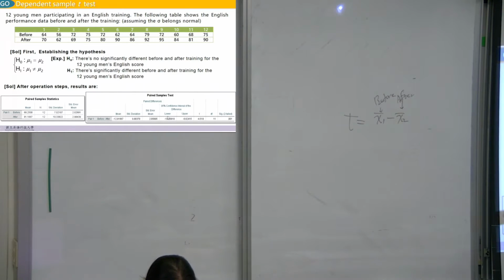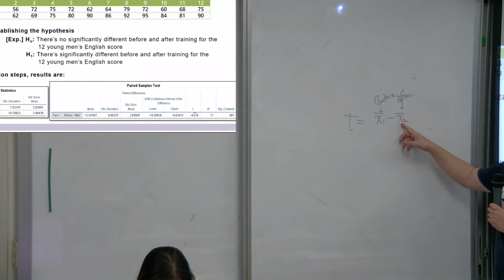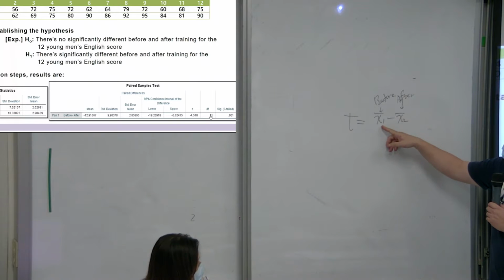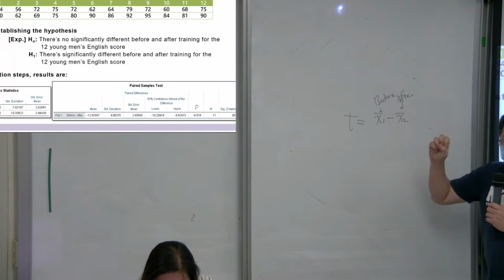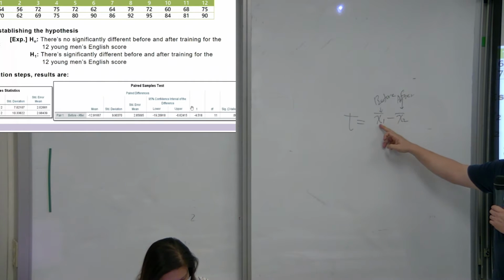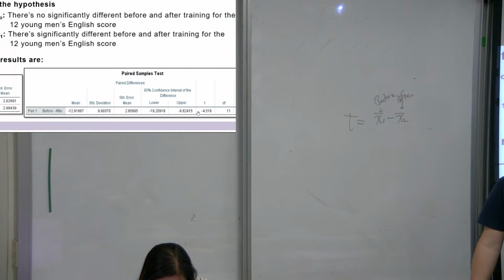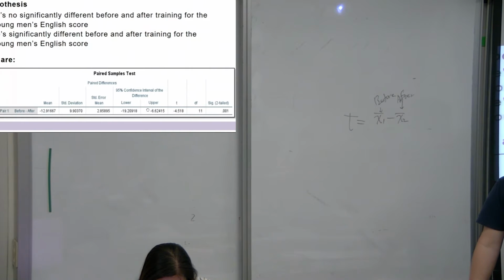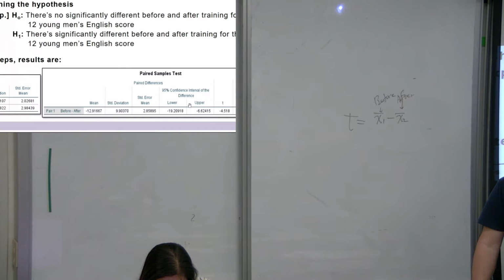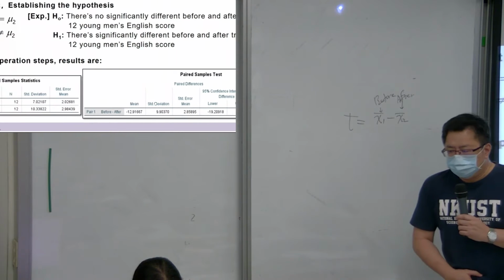Negative, just as I told you, because the formula of the t value is x1 bar minus x2 bar. This is before, this is after, and because your score is promoted, before minus after will be a negative value. Don't worry if you see a negative value. That is good. You have to be happy because your English improved.